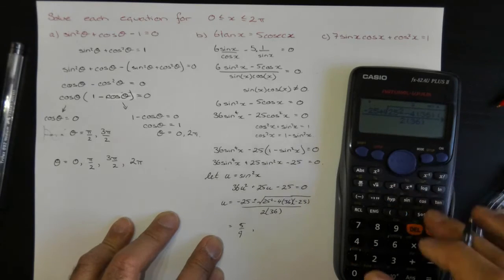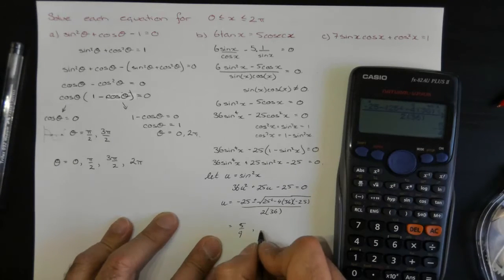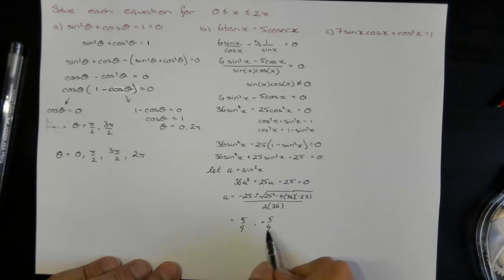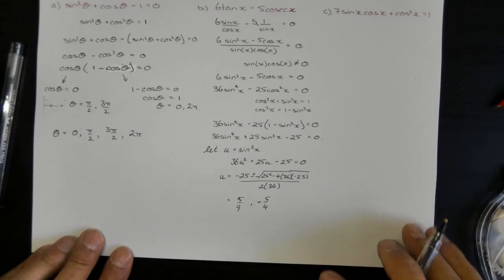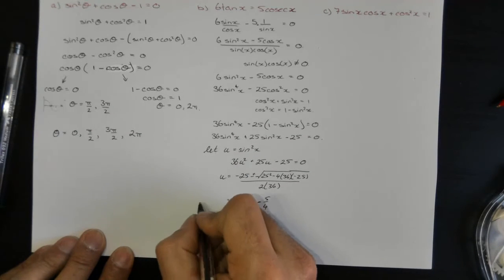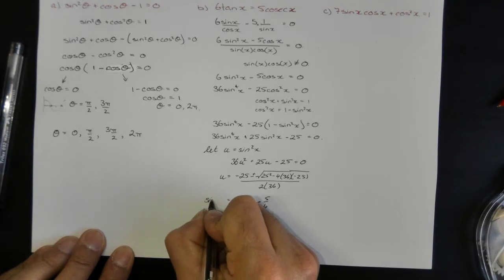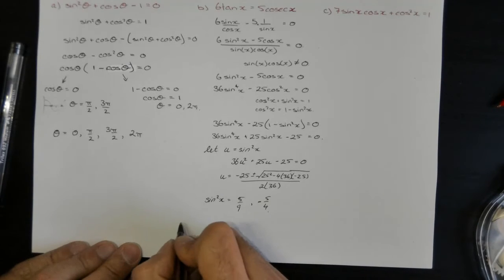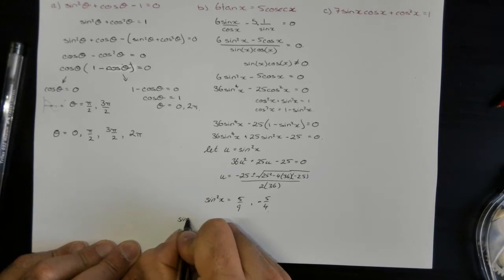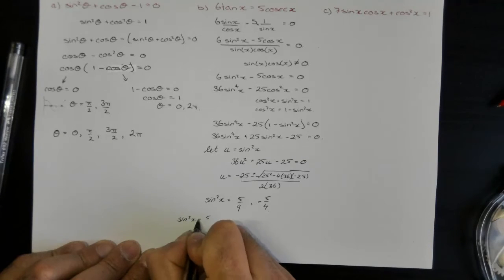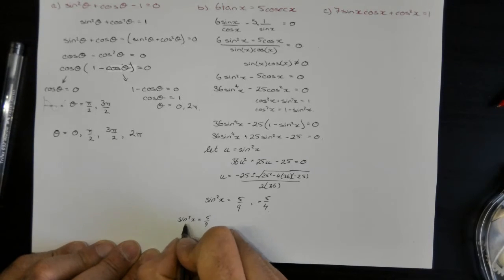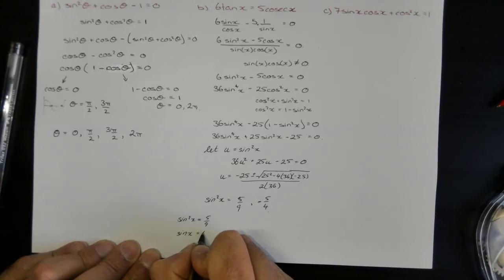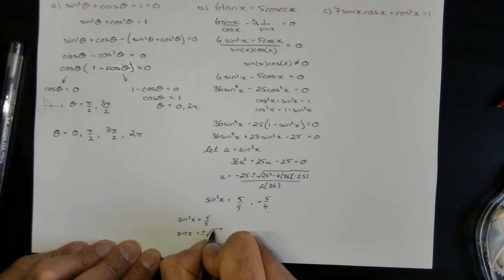If I change that to a negative subtraction, I get negative 5 over 4. Okay. That's really nice. So we remember to substitute back. So we actually get sine squared of x equals that, or that. So let me write that down. So we've got sine squared of x equals 5 over 9. So to unsquare that, we get sine x is plus or minus the square root of 5 over 9.